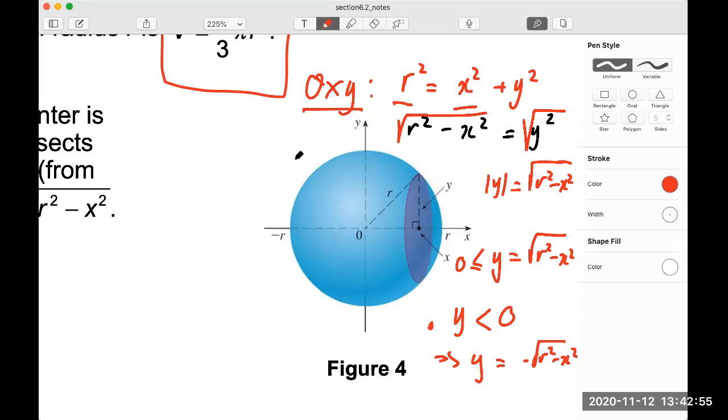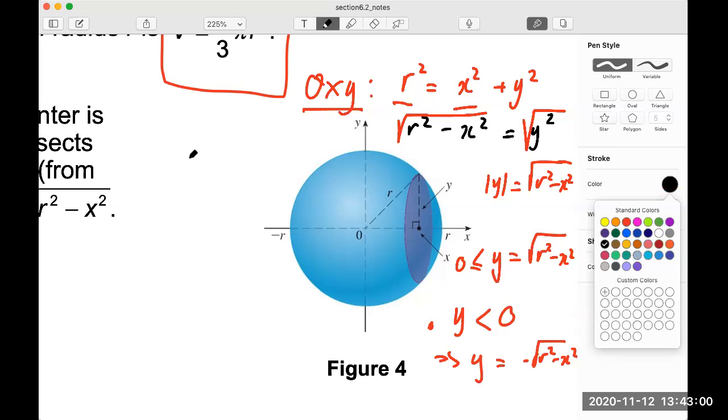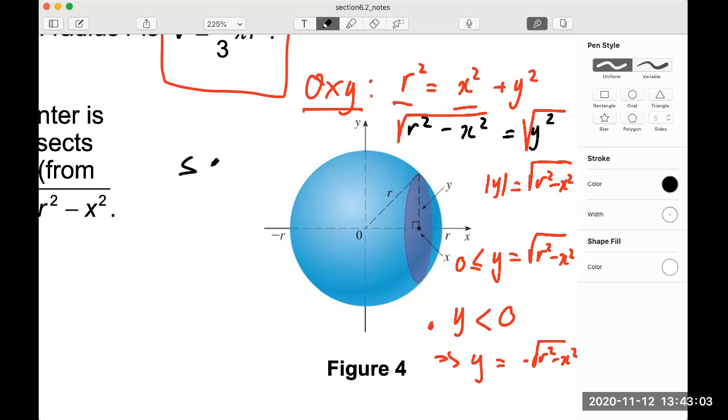Suppose we call it S. This part. So what is the area of this? Y squared. Perfect. Yeah, very good. So Y squared, we can write it in terms of X and R, right? So what is it now, if we replace Y by X and R?